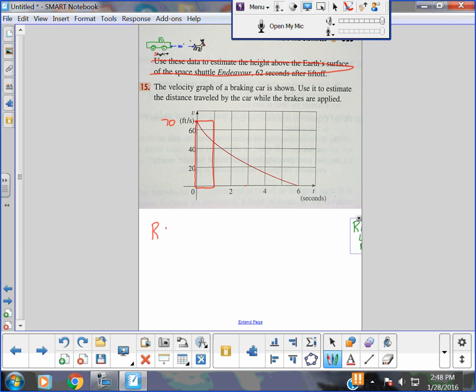So we're doing a Riemann sum to the left endpoint. Okay. Splitting it into 6 sections. So I have 1 second times 70 feet per second. The next rectangle, I don't know, what do you want to call it? 45? I'm going to call it 45 because I don't want to add those units.